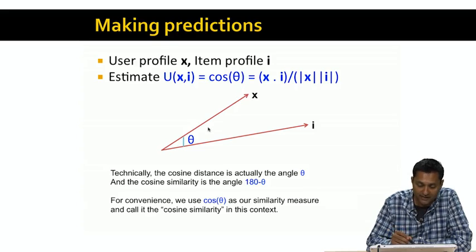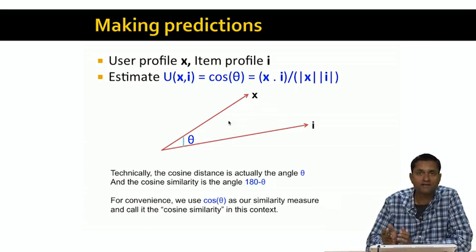Notice that as the angle theta becomes smaller, cos theta becomes larger. And as the angle theta becomes larger and larger, the cosine becomes smaller and smaller. In fact, as theta becomes greater than 90, the cosine of theta becomes negative. And so this captures the intuition that as the angle becomes smaller and smaller, x and i are more and more similar to each other, and it's more likely that x will give a high rating to item i.